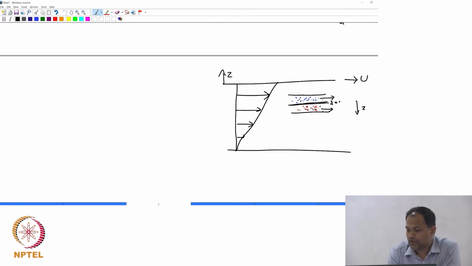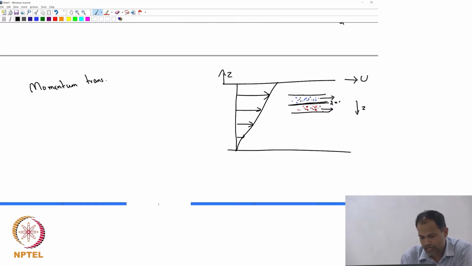Some of the momentum gets transported from the blue region to the red region, okay, and that is what you call momentum transport, right. So, that is the definition of momentum transport, and you simply say that momentum gets transported across the layers and it happens because of this molecular motion.